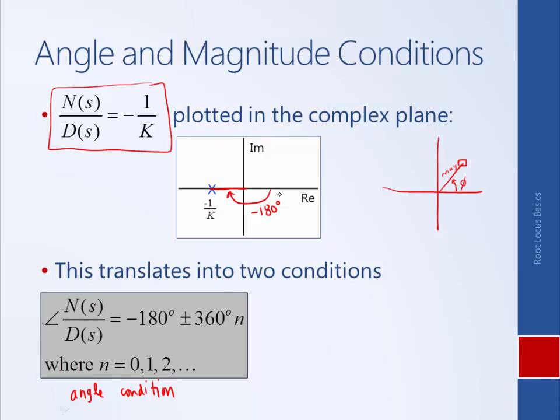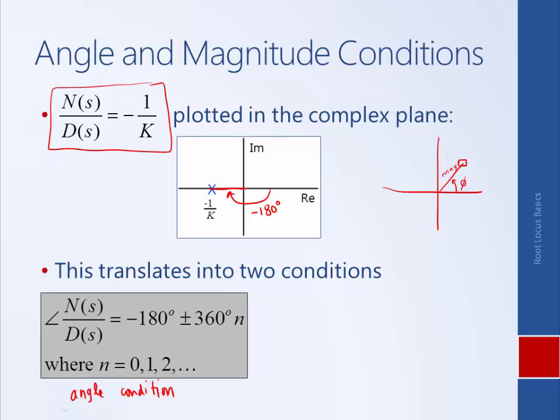This angle is also the same thing as plus 180 degrees. It's also the same as 540 degrees. So in essence, adding or subtracting multiples of 360 degrees brings us back to the same angle. So the phase for a given value of s needs to equal minus 180 degrees or minus 180 degrees plus some multiple of 360 degrees.